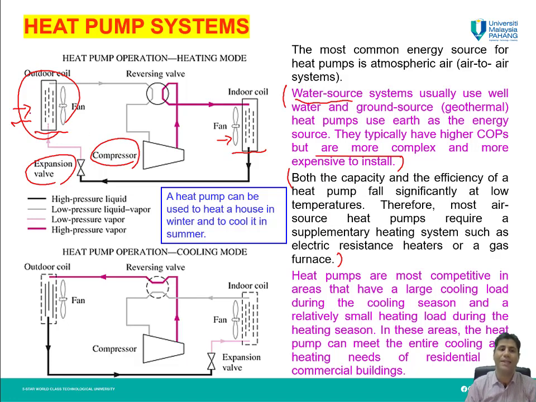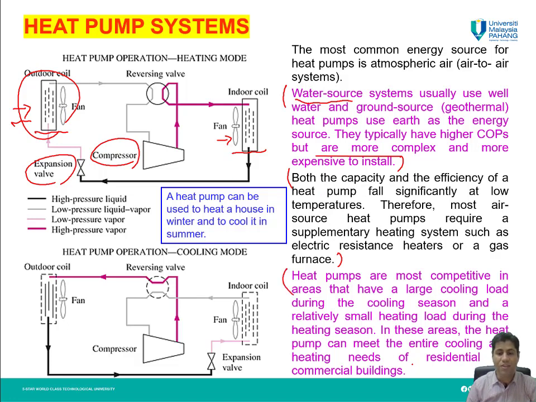So if we add a heater to the outdoor coil, the efficiency or the COP of the cycle will be much higher. In a video actually we will see more details about this.